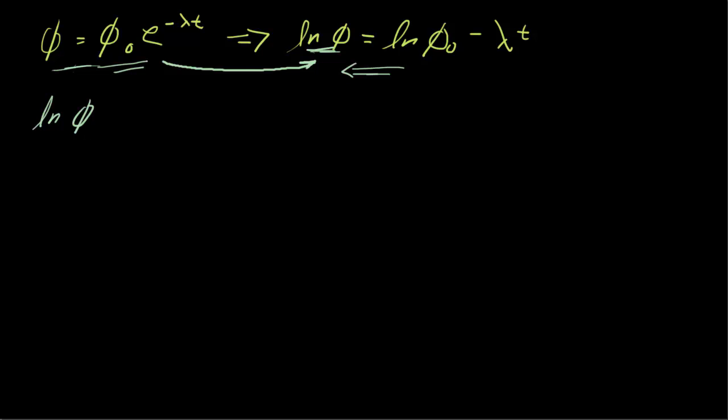It's sounding familiar. It's the power that you have to raise the base e to in order to get phi. So this basically implies that e to the log of phi is going to give us phi.